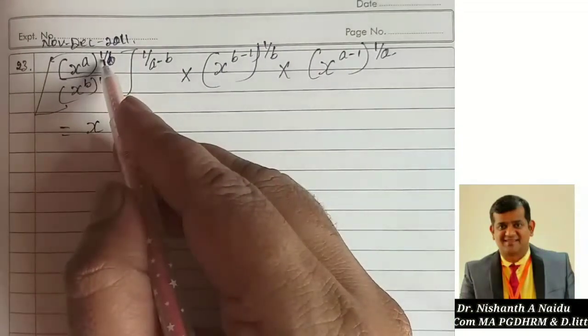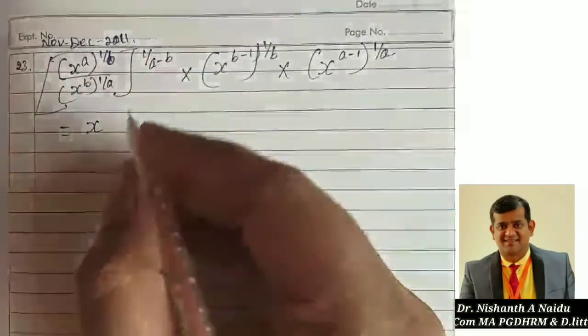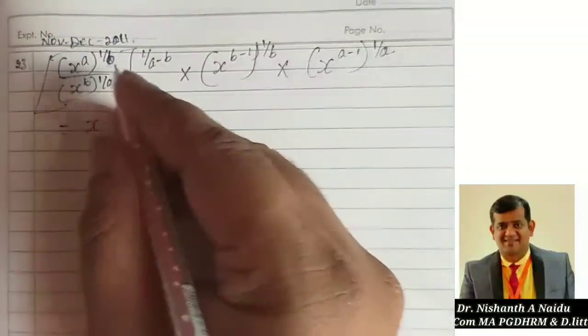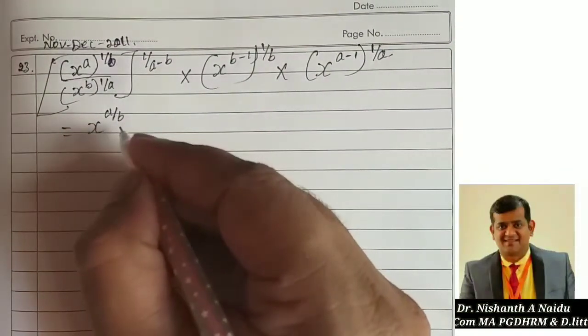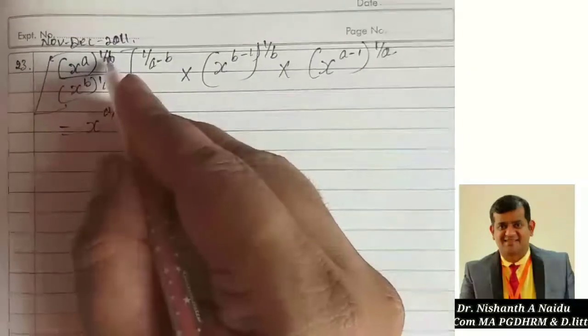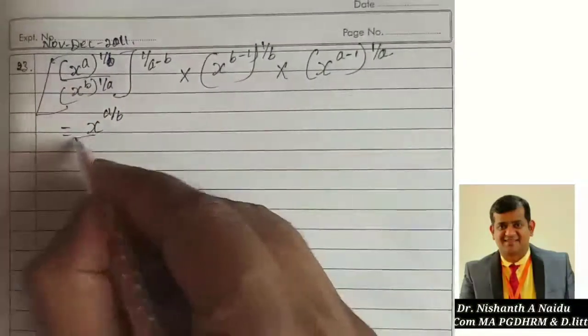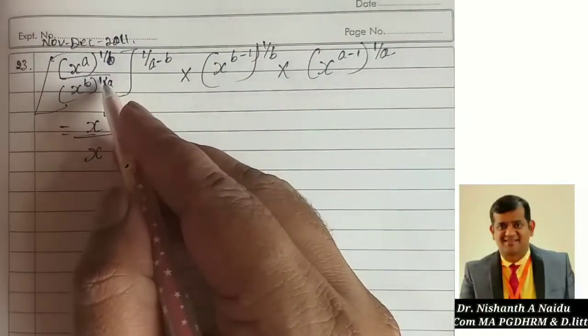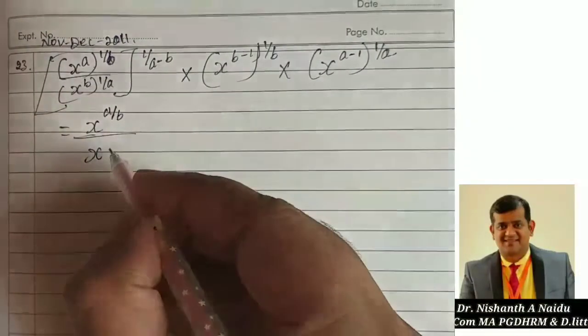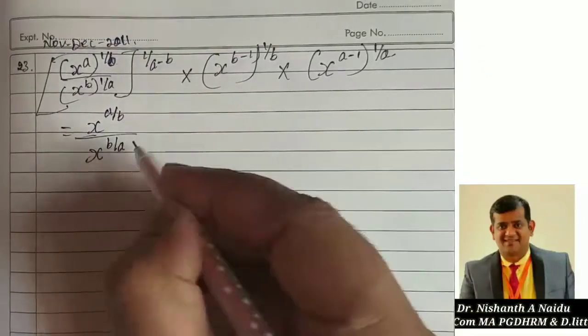A ones are a, divided by b. So x to the power a divided by b. Got my point? A ones are a divided by b. Same manner, x to the power b ones are b, b divided by a. So b divided by a.